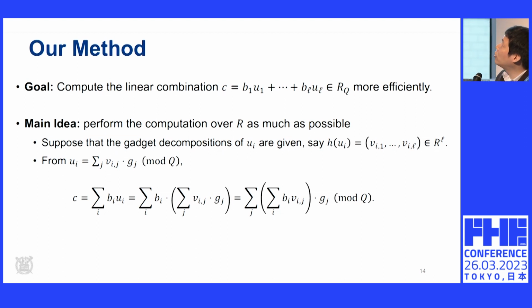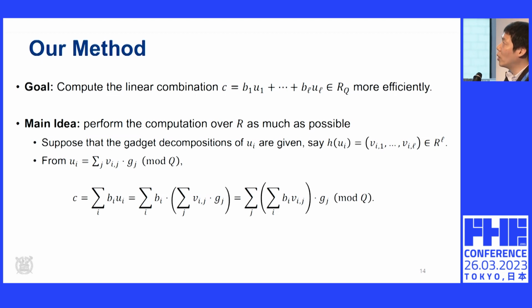So if we represent each Ui using gadget decomposition, they can be written as a linear combination of a gadget basis Gj with small coefficients, say Vi1 to ViL. So this is a decomposition of Ui, which satisfies Ui equal to the summation of Vij times Gj, a linear combination of Gj with small coefficients.